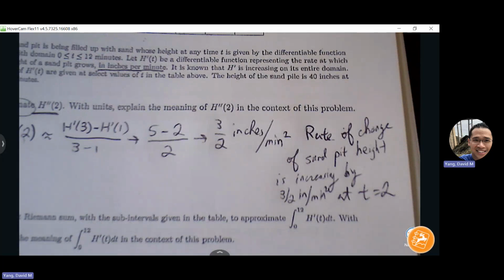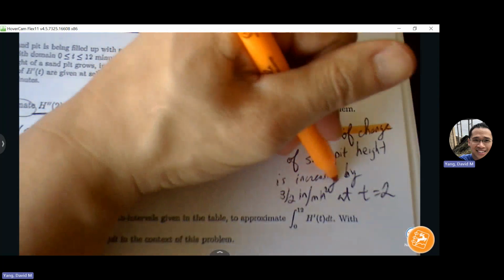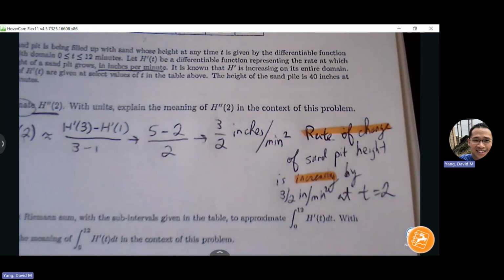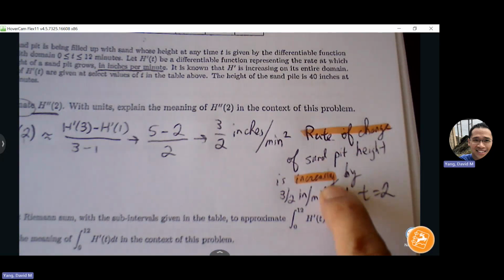So the rate of change of sand pit height is increasing by 3/2 inches per minute squared at t equals 2. The key words that we want to make sure we indicate are the fact that you've got rate increasing. That's basically tacking on that second derivative. First derivative is rate of change. The increasing of that is where that second derivative is coming in.